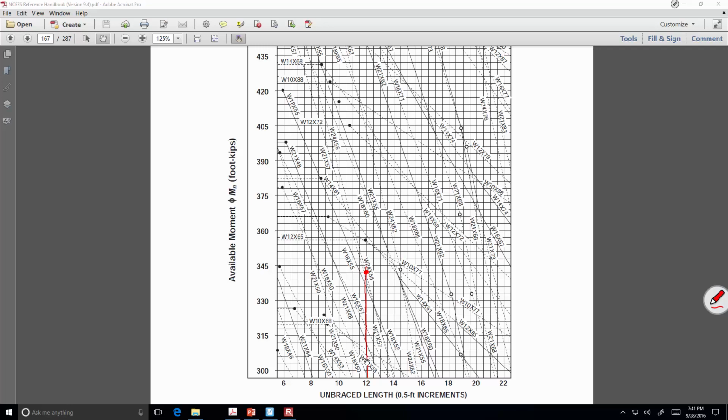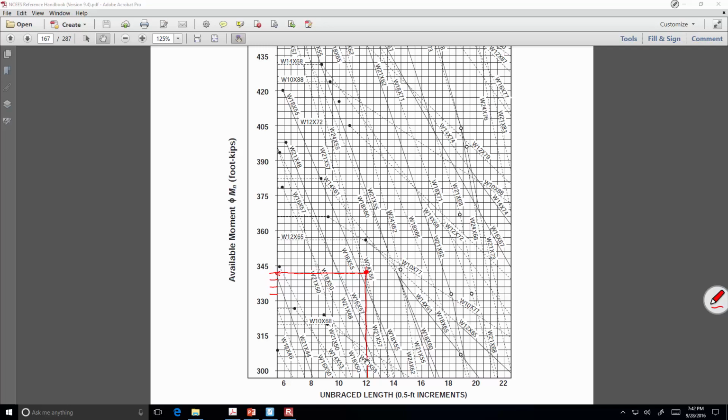And what's the capacity? Isn't that what we calculated? We got 342. So this is 330, 333, 336, 339, 342. See what I mean? So that's a quick way of doing it, if you can see it.